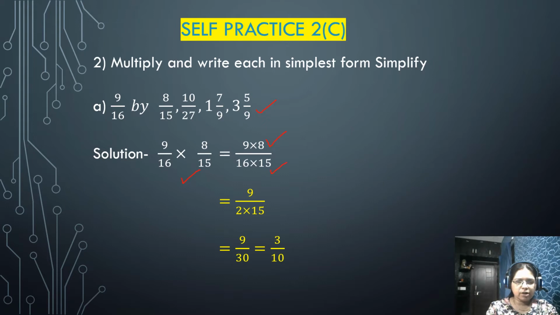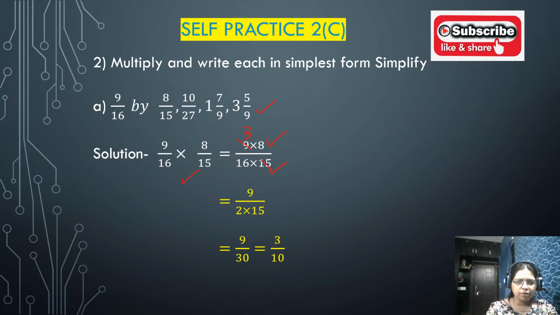Now we cancel 9 and 15 with 3. 3 multiplied with 3 is 9 and 3 multiplied with 5 is 15. Cancel 9 and 15 with 3, and cancel 8 with 16, that is 8 multiplied with 2 is 16.